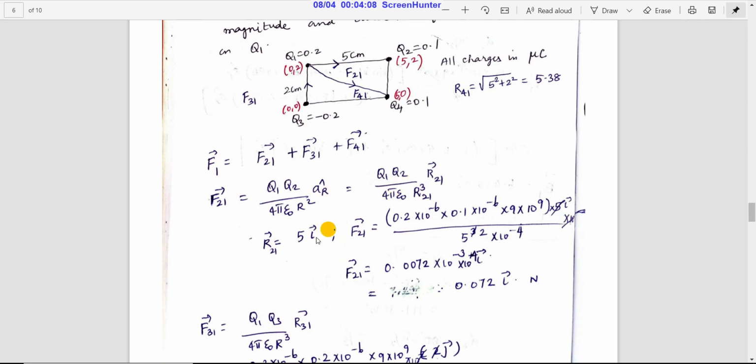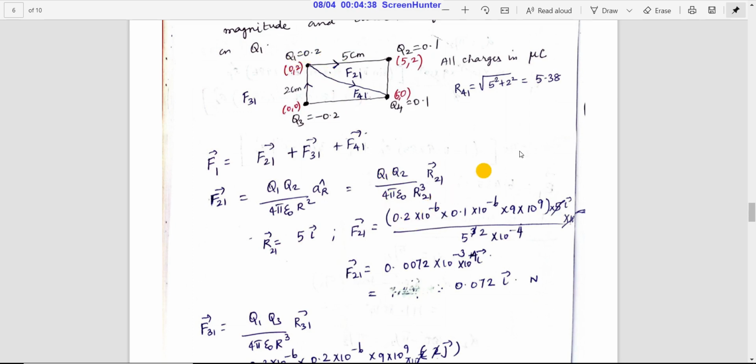To find the value of R21, we can subtract these two points. So 5 minus 0 is 5 i vector, because this is on the x-axis. 2 minus 2 is 0, so we have 0 j vector, so R21 is going to be 5 i vector.